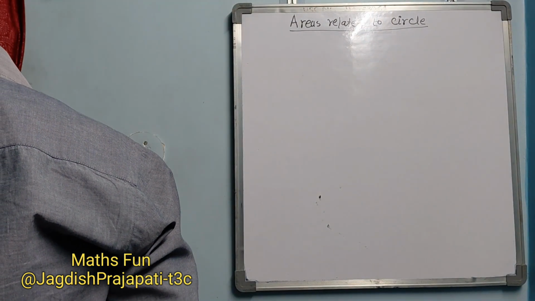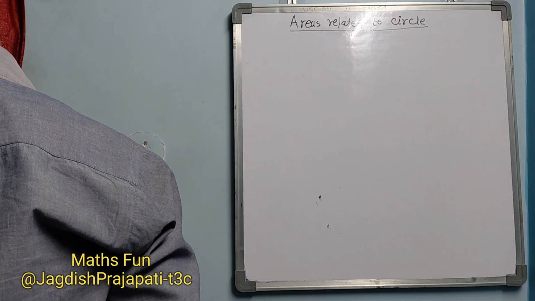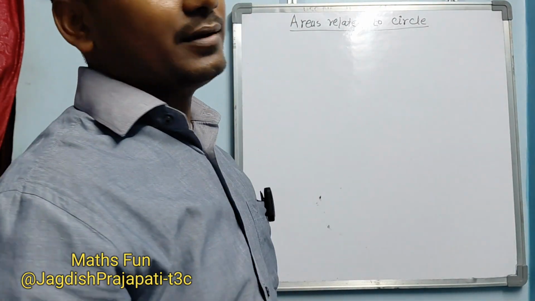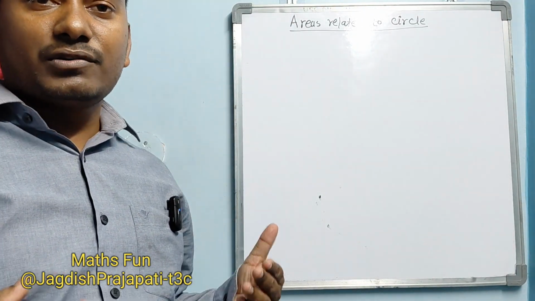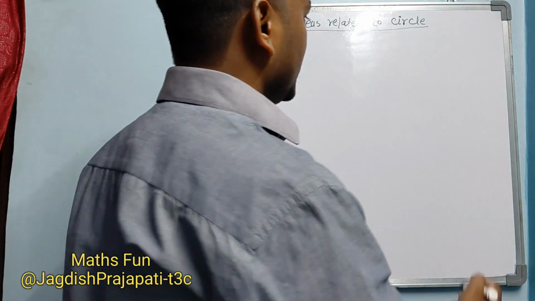A circle of radius 7.5 centimeter is inscribed in a square. Inscribed in a circle means the circle is constructed inside the square. Okay.